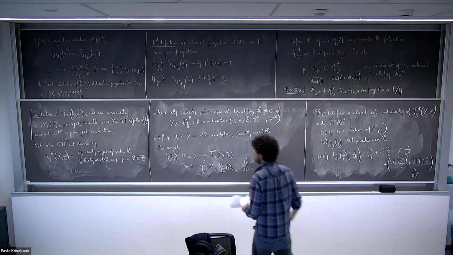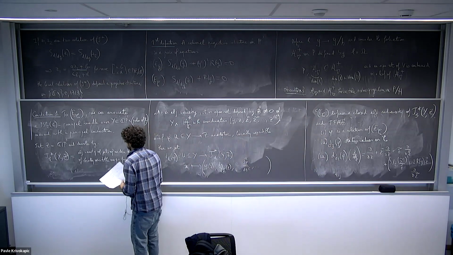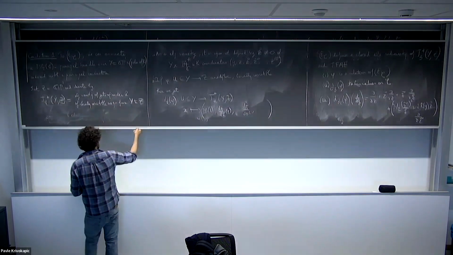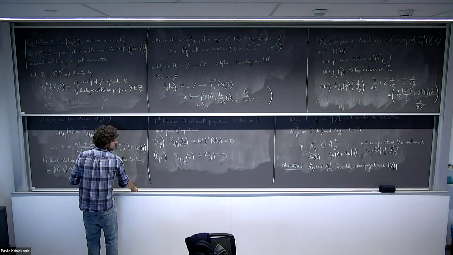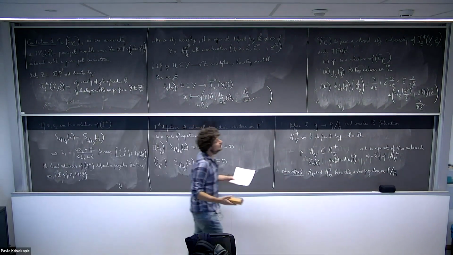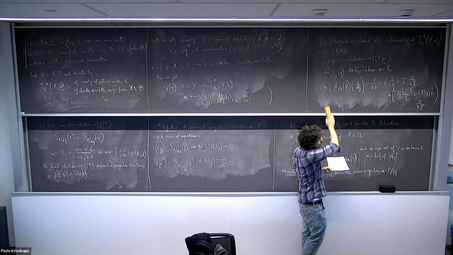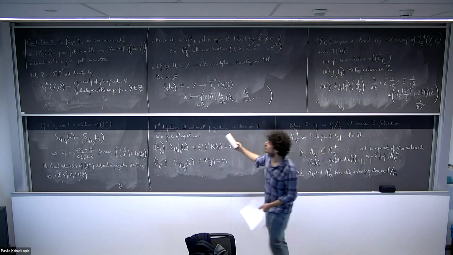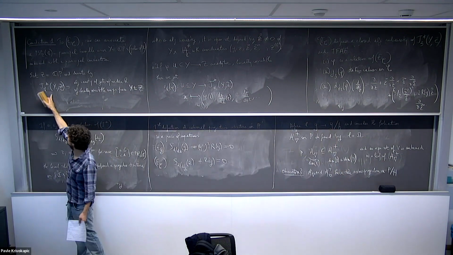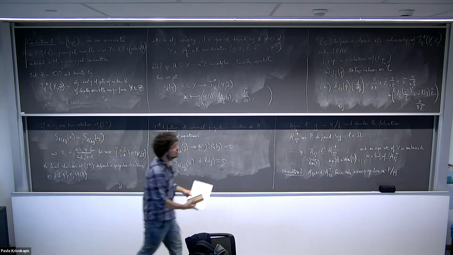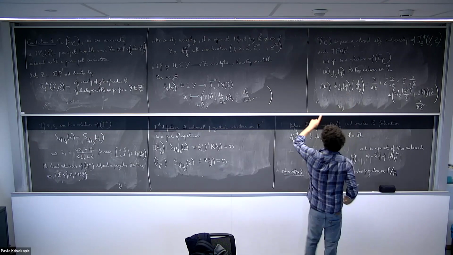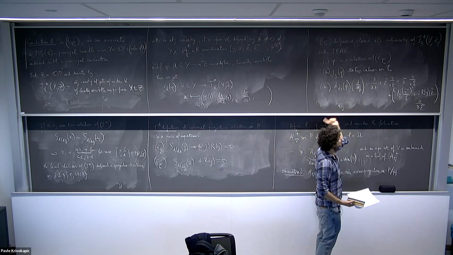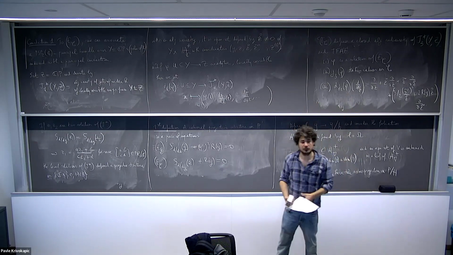And so you see that what this condition tells you is that you have a connection on the second jet space of Y over Z such that the solutions of your equation are the sections of this connection.